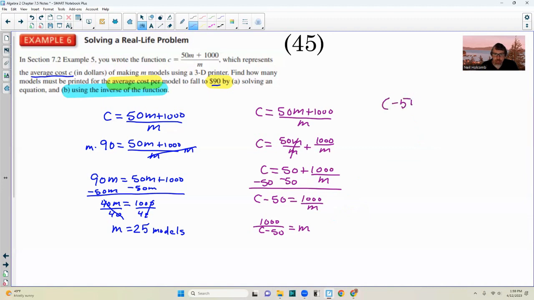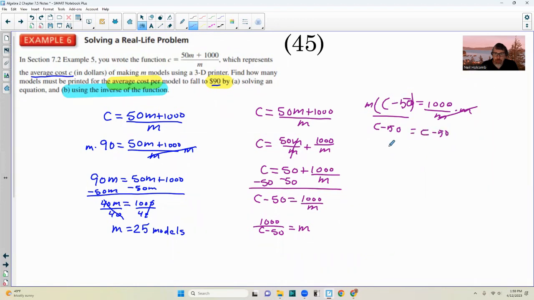c minus 50 equals 1,000 divided by m. I'm just doing it in one step instead of two, but I should explain it in case you have never seen this. Multiply both sides by m, so it would look like this, and this is gone. You're trying to get m by itself, so now you divide by c minus 50 on both sides.